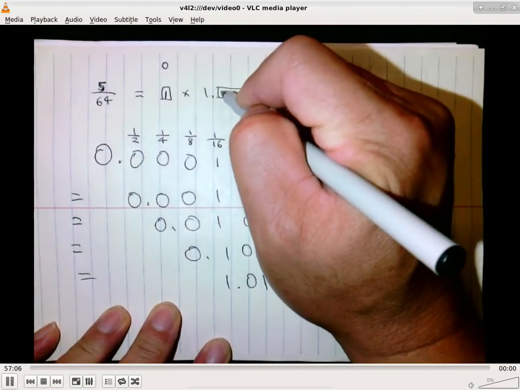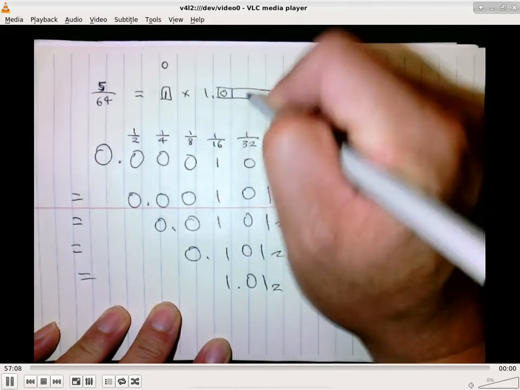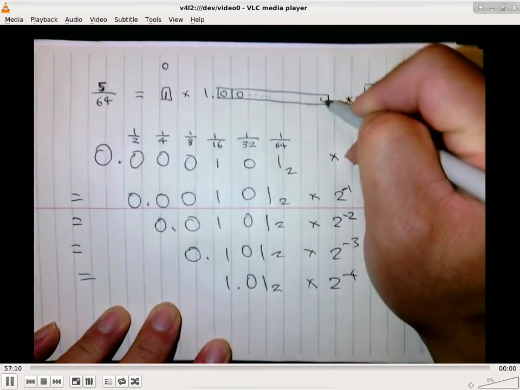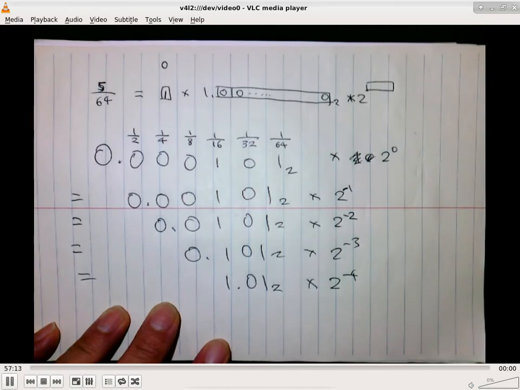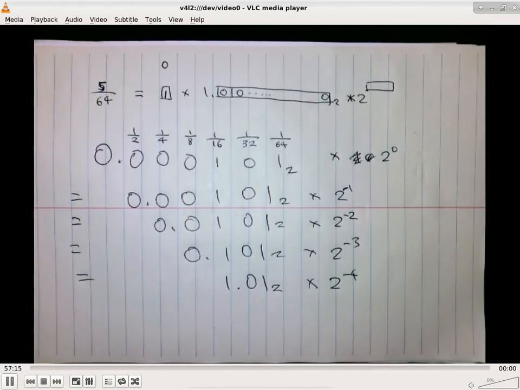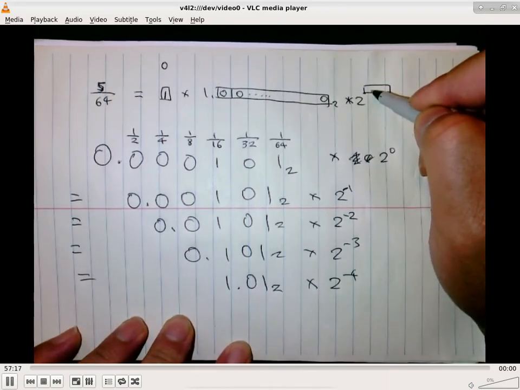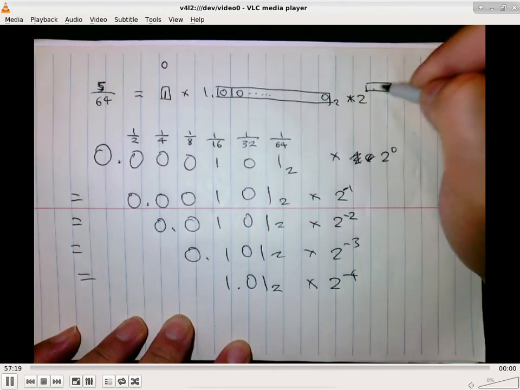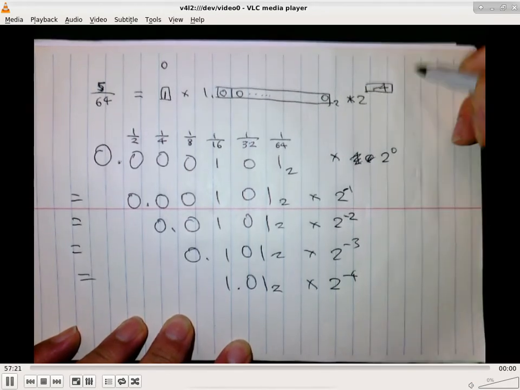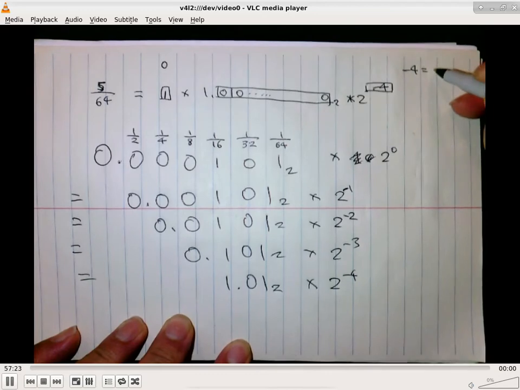The mantissa turns out to be 1.01 and a whole lot of zeros after that. Is that okay? We want this number, which is E2, to be -4. But -4 equals E minus 1023.